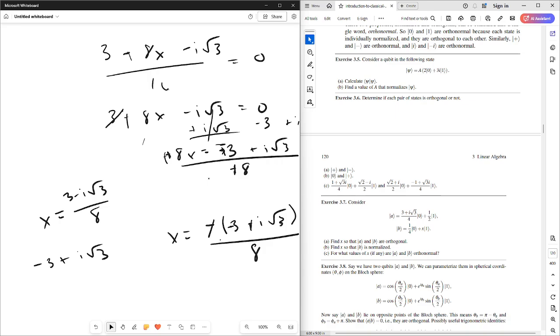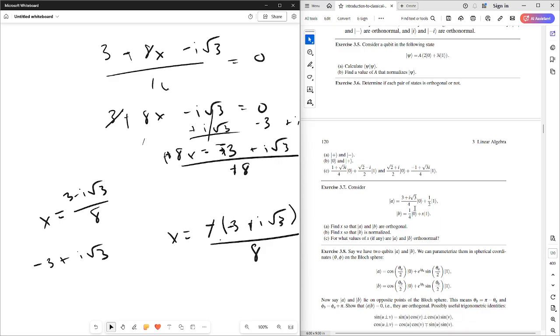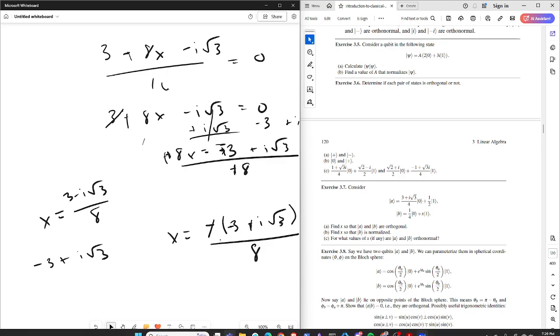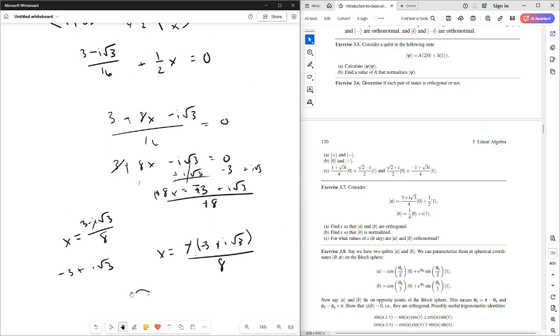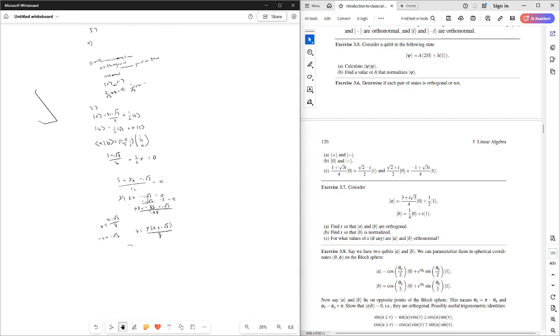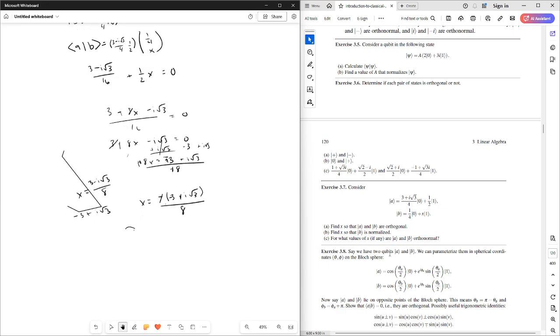So now that we know x, we need to find x so that B is normalized. Carving out some space here.